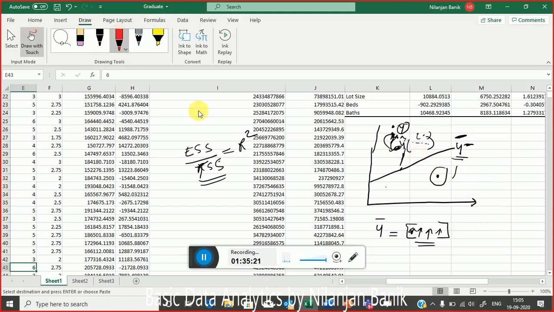ESS is, so this is my actual, let's say this is Y star, this is my predicted Y hat, and this is my Y bar. So this difference is, what is this difference? It's error. Okay. What is this difference? This is called ESS, and this total is called total sum of square.